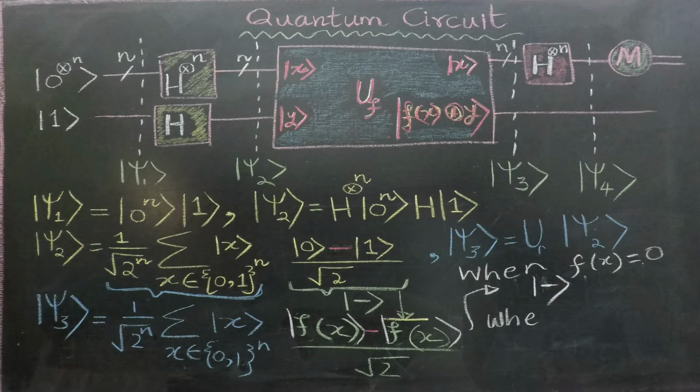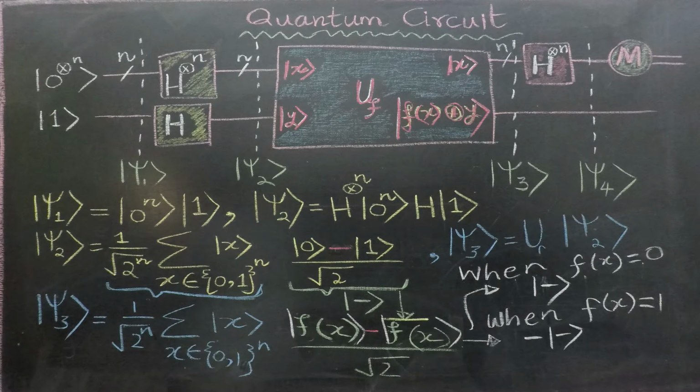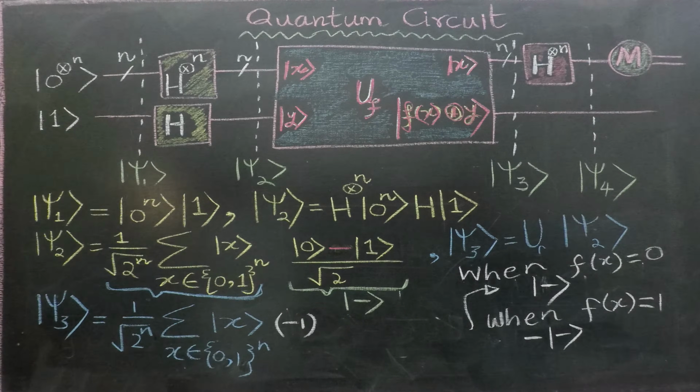In contrast, when f of x is equal to 1, the second register will have ket 1 minus ket 0 divided by the square root of 2, which is basically minus of ket minus. This shows that we will have a minus sign if and only if f of x is 1. Therefore, we can rewrite the second register as minus 1 raised to the power f of x times ket minus.